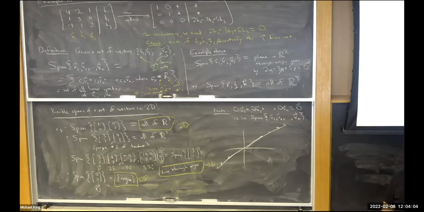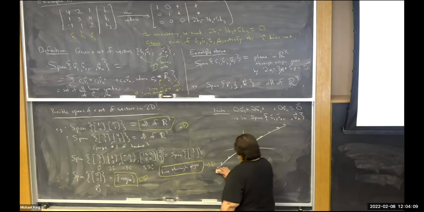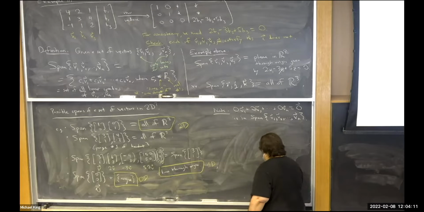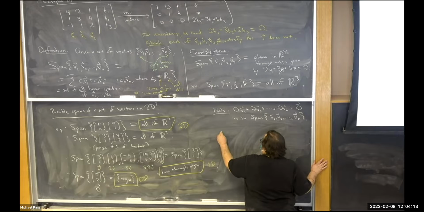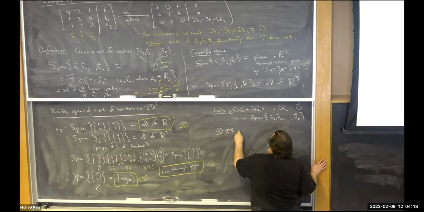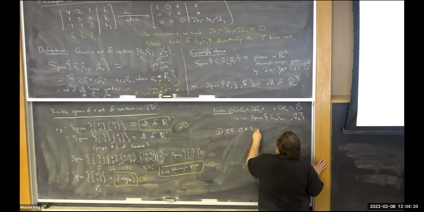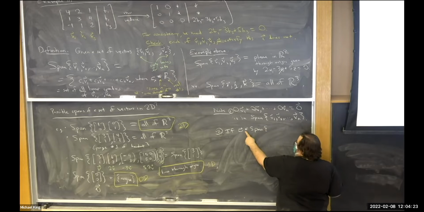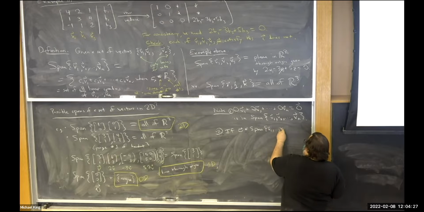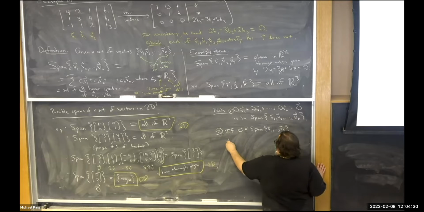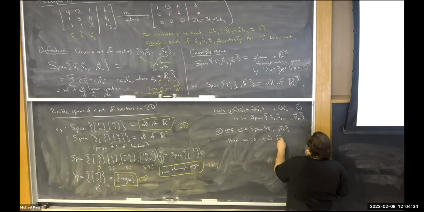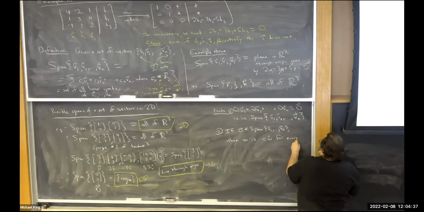But yeah, so if W is in the span of a bunch of vectors, then so is cW for every scalar c.